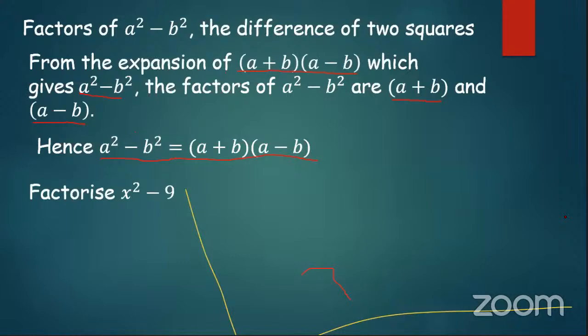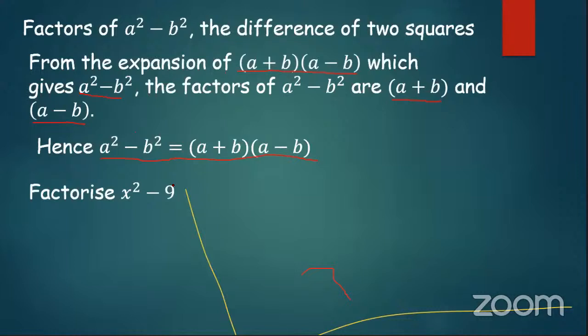Elisha, x plus 3 into x minus 3, same as Hope, same as Brea. Margaret, Tracy, x plus 3 into x minus 3. Okay, thank you for those answers. Keep those answers coming in.